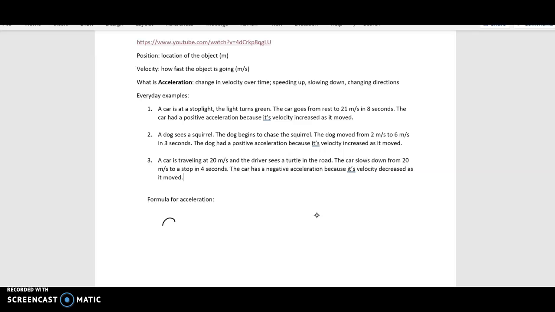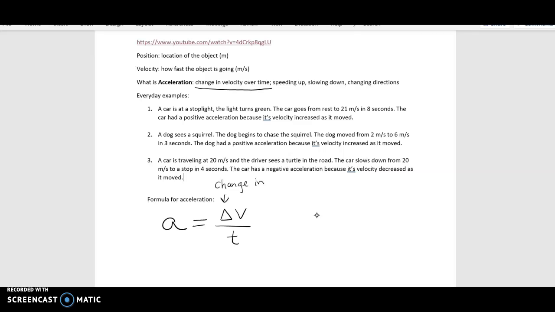All right, so we use A for acceleration, and that is equal to the change in velocity over time, which, if you look back at the definition, is change in velocity over time. So right here, that is exactly the formula that we're going to use. Now this delta means change in. I've talked to you about that a little bit before.